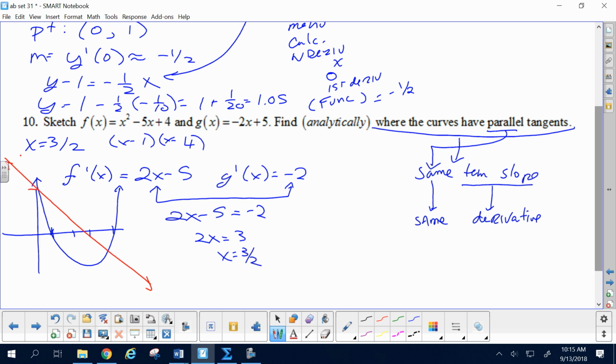Now the line has exactly one slope everywhere, but the parabola has lots of slopes, here, here, here, here, here, here. They're asking, when is this slope the same as that slope? It's right there.